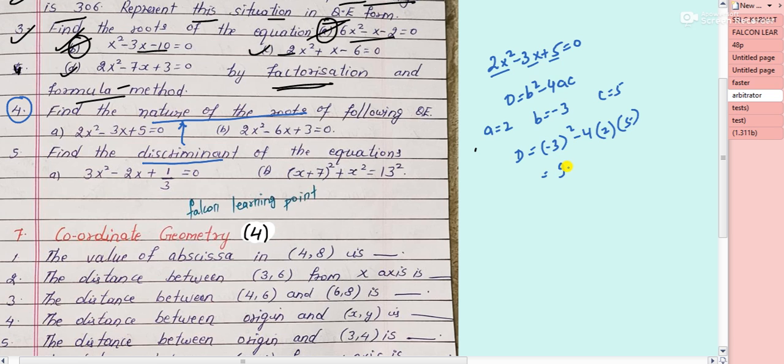So this is 9 minus 4 into 8, and 8 5 is 40, so this is minus 31. Since D is negative, do we have roots? No, so no real roots. This is the nature of roots, no real roots, because D is negative.